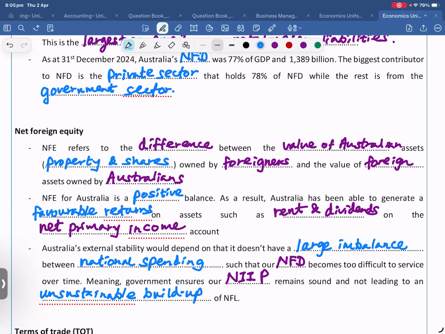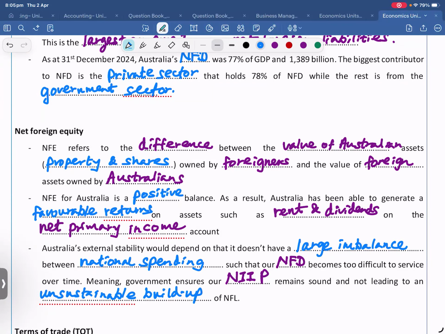The interesting thing is, guys, this value is positive, meaning we own more money in the rest of the world than they own in Australia. So our investments are higher in the rest of the world.